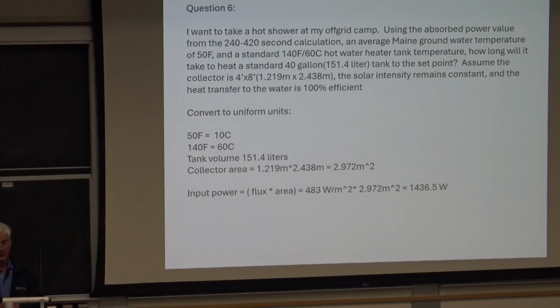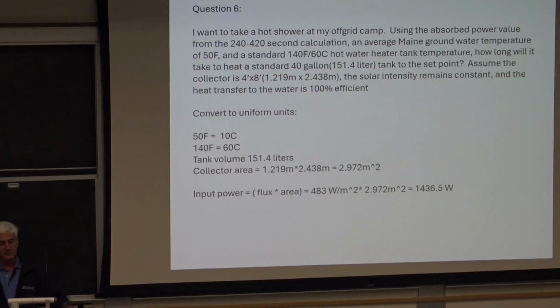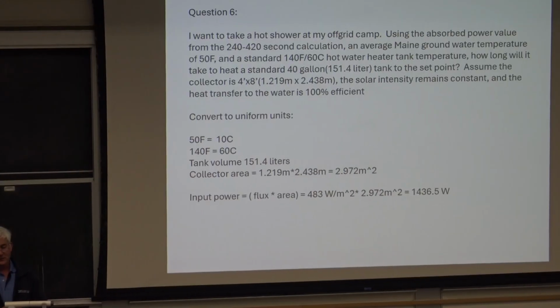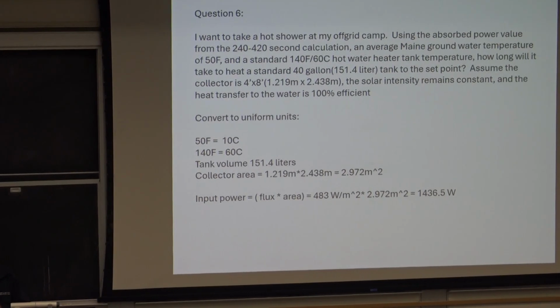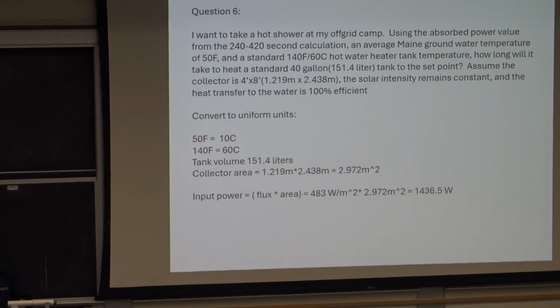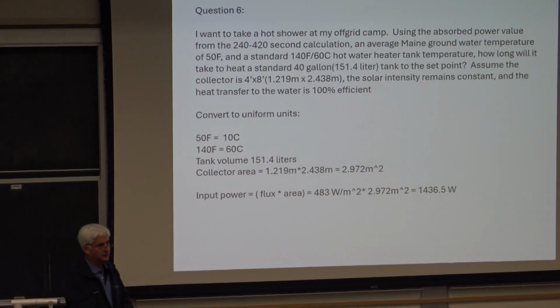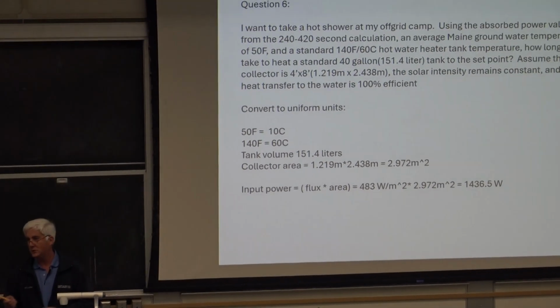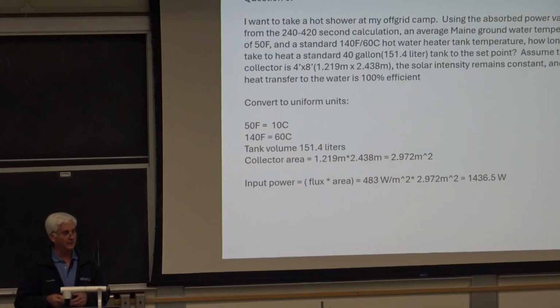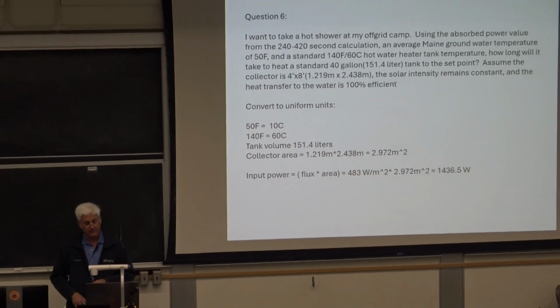Assume the collector is 4 feet by 8 feet, just a big old sheet of plywood. The solar intensity remains constant, and the heat transfer to the water is 100% efficient. So everything that gets into the collector goes into the tank. You didn't have to make any assumptions about heat exchanger efficiency or any of that jazz.